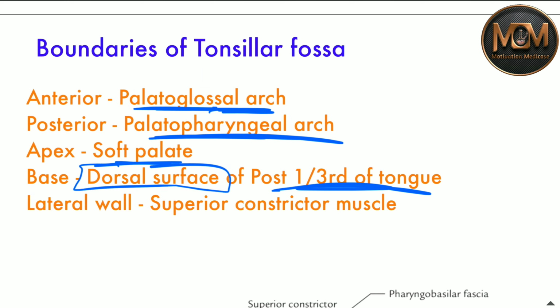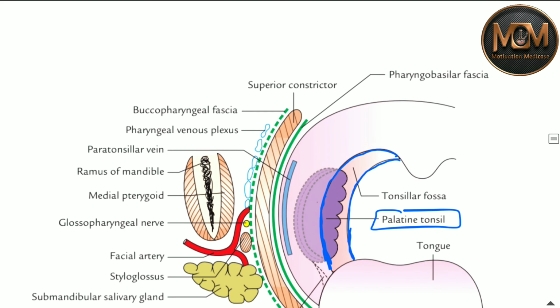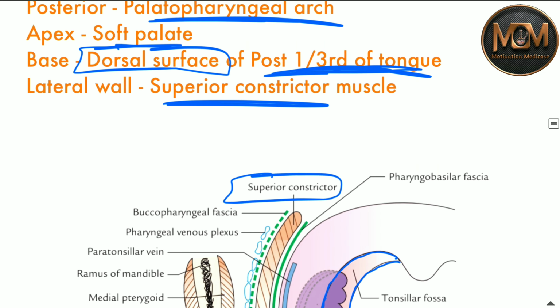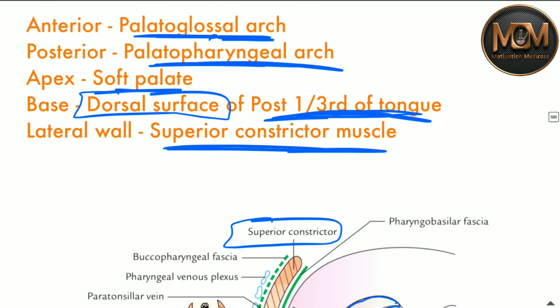Now on the lateral wall, you can see the muscle present laterally is the superior constrictor. There are many structures laterally, but mainly it is the superior constrictor.